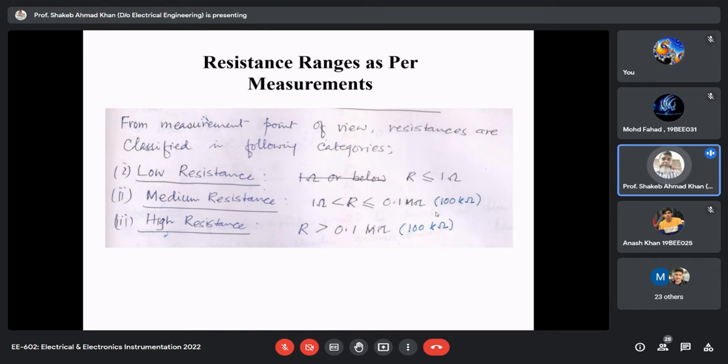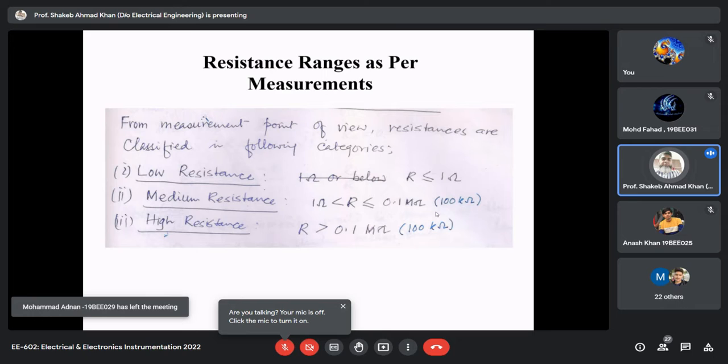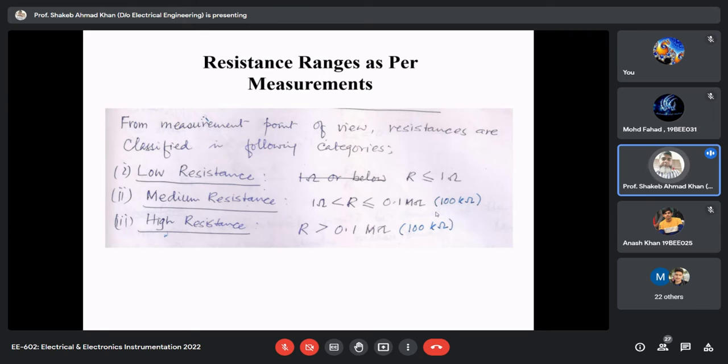So if you are saying that we should take the middle point of this range, then it has some logic. But if you take the voltmeter resistance and ammeter resistance and then take the mean of them, it has no logic, because the ammeter and voltmeter resistances are not defining your range. They are defining the error only.